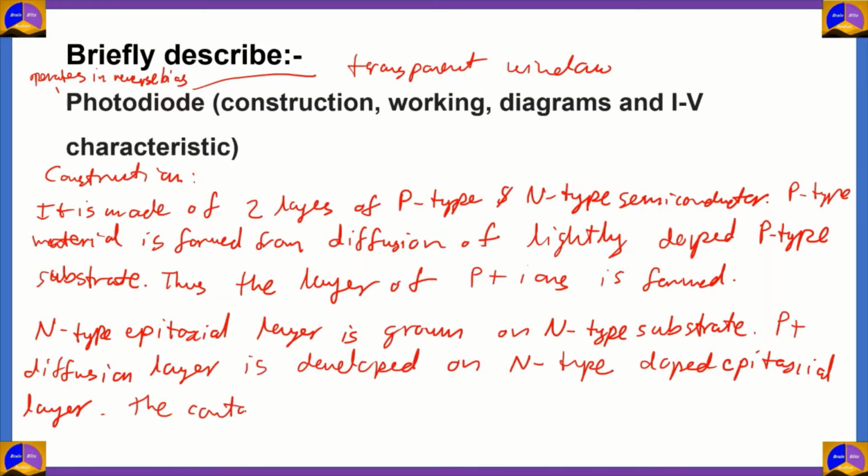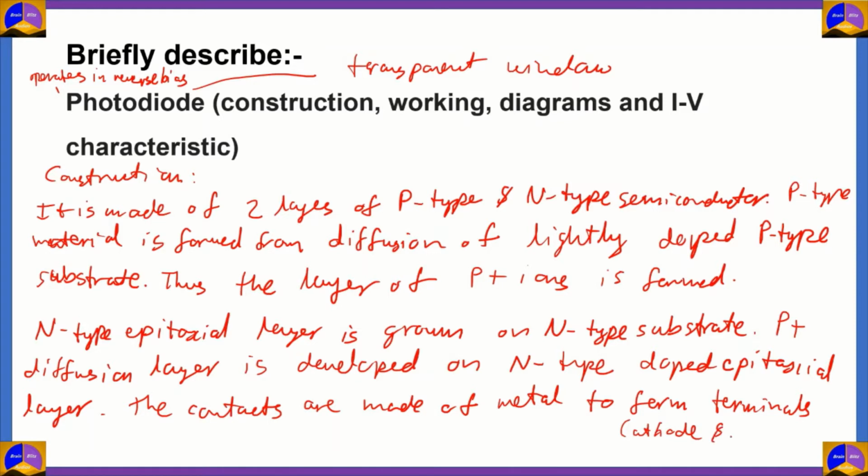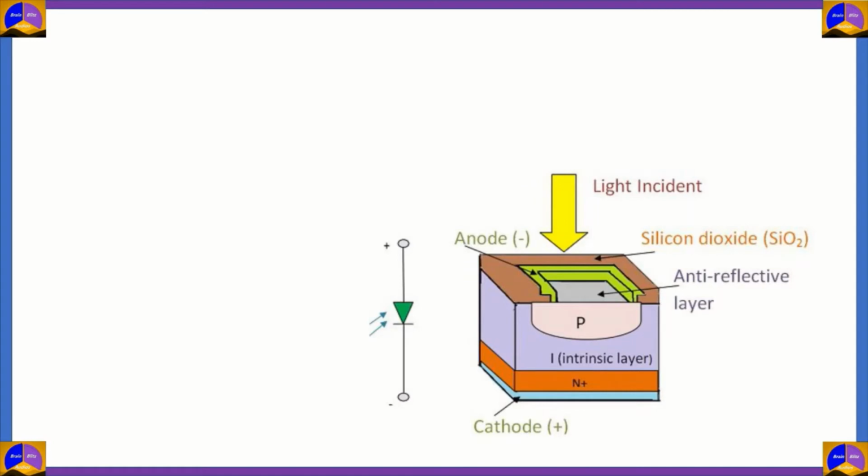The contacts are made of metal to form terminals. So in order to form the cathode and anode, we make the contacts out of metal. So this is the construction of a p-n junction diode.